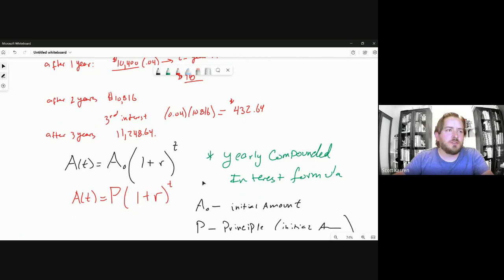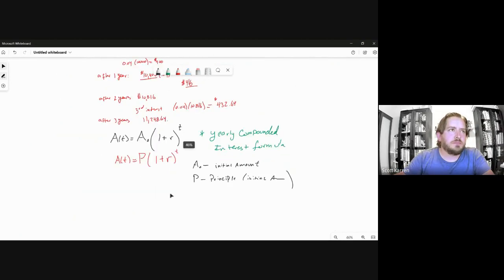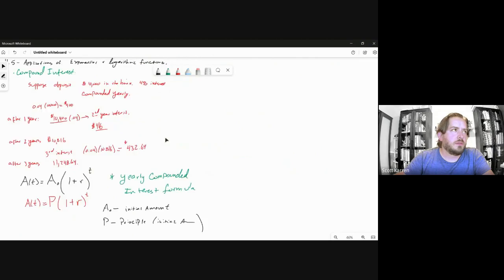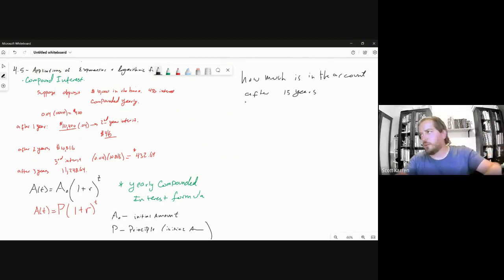And we can use this to figure out, rather than having to go through year 1 calculation, year 2 calculation, year 3 calculation, if we're asked how much is in the account after 15 years, rather than calculating year 1 interest and adding it, and then calculating year 2 interest and adding it, and then 3 and all the way up to 15, that's a lot of calculations.